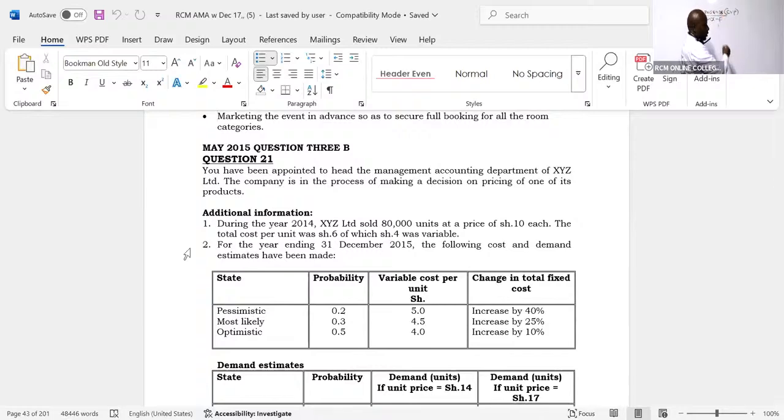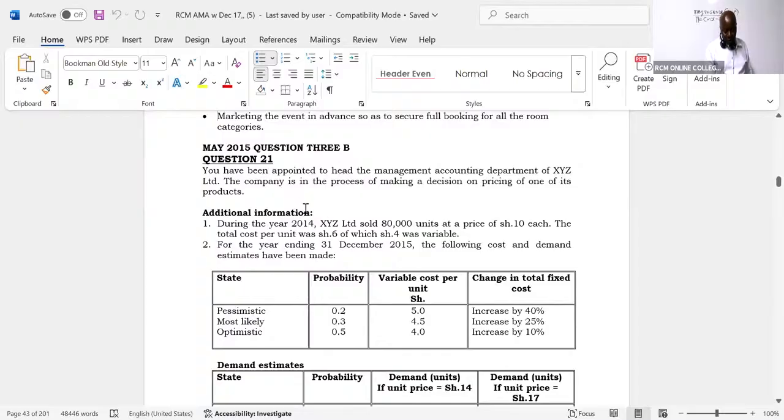Now, we are told here, you have been appointed to head the management accounting department of XYZ. In this case you think like a head of department, you're not just anybody, and we must get this question right. The company is in the process of making a decision on pricing of one of its products.